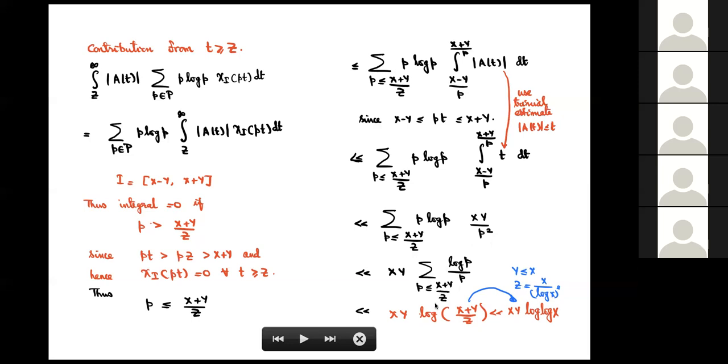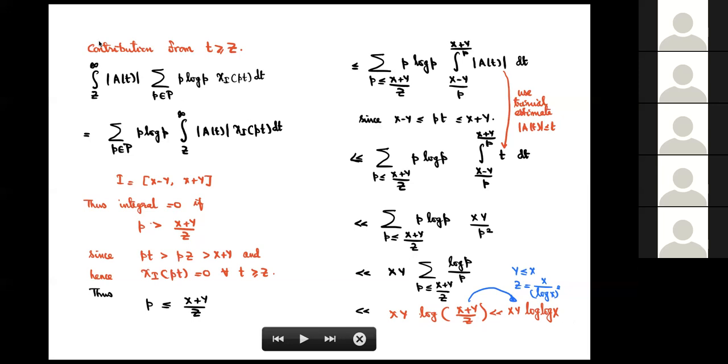And this sum is bounded by log of x plus y by z. So you get xy log x plus y by z, but z is x by log x square and y is less than x. So this is less than log of 2x by z, which after you put in the z, you get xy log x.